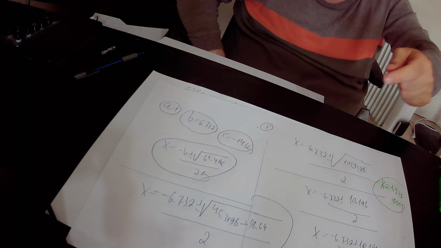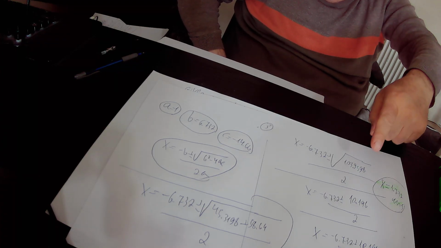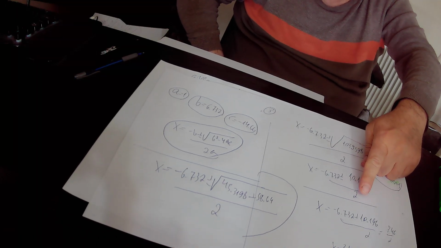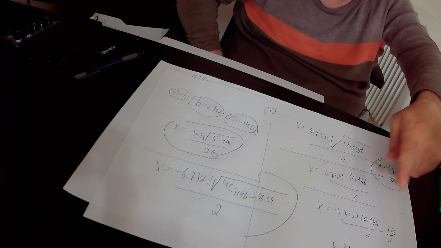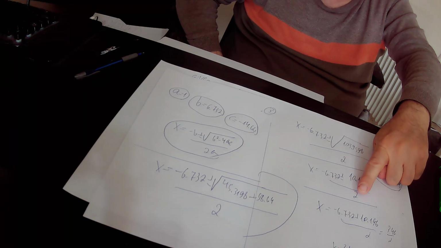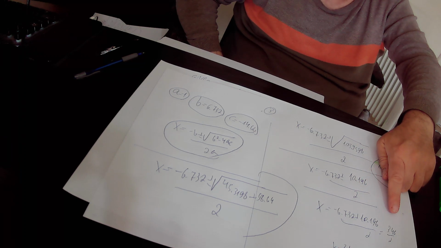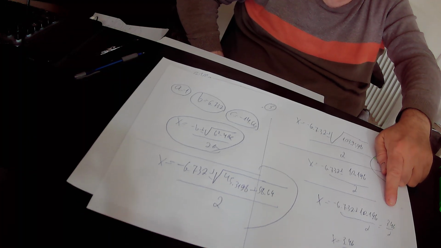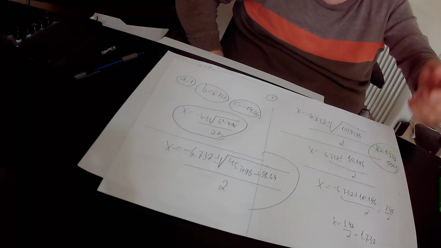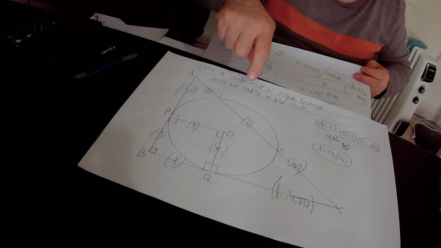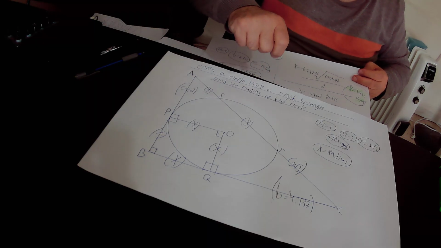The positive solution is x equals minus 6.732 plus 10.196 over 2. Minus 6.732 plus 10.196 equals 3.46, divided by 2, that equals 1.732. In conclusion, the radius of this circle, x, equals 1.732 units.